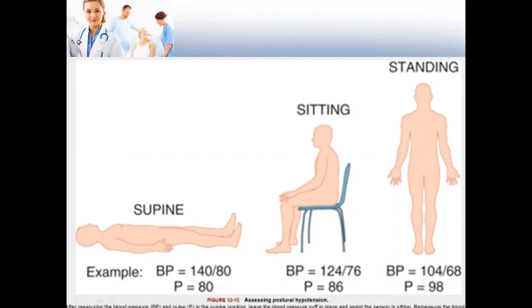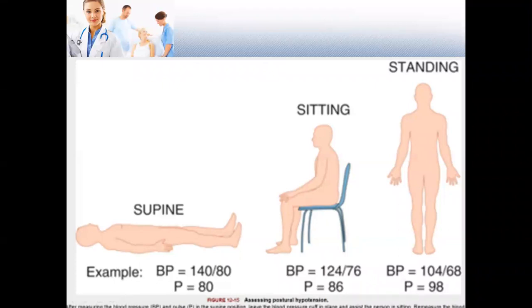Like here, the systolic blood pressure is 140 in lying position. But when sitting it is 120, almost a 20 millimeter of mercury gap. Same when standing, it is 1/4, almost a 20 millimeter gap, right?